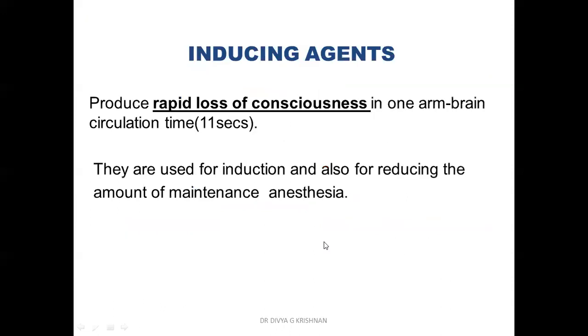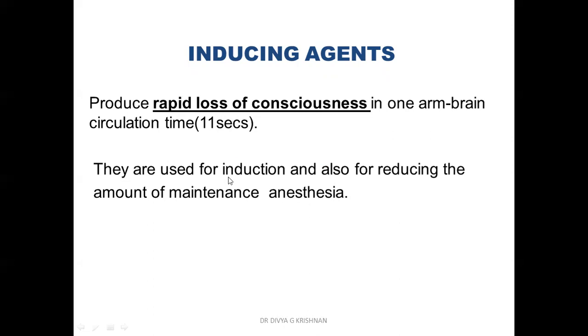Now we'll see what we mean by inducing agents. These agents produce rapid loss of consciousness in one arm-brain circulation time. How much is this time approximately? It is around 11 seconds. So these agents produce loss of consciousness in around 11 seconds, and hence they are used for induction.